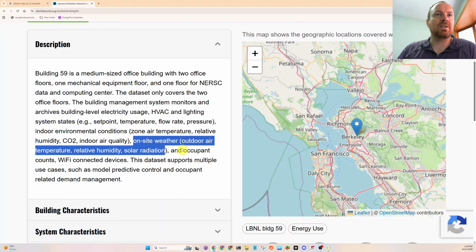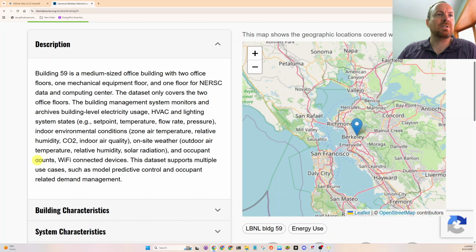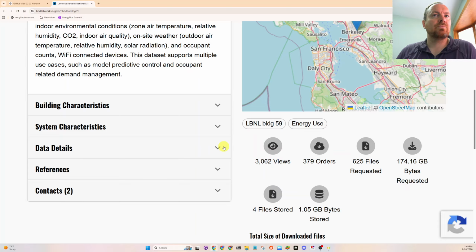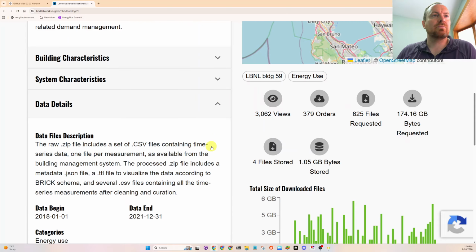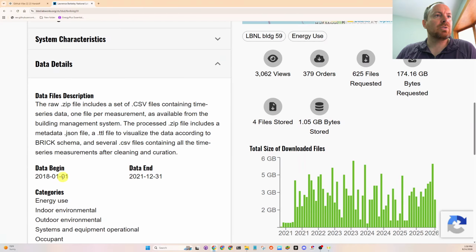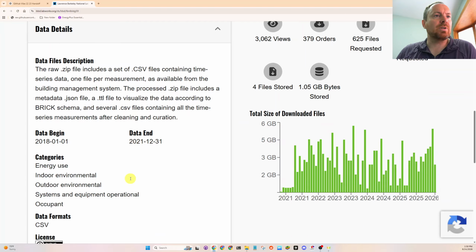Wow, so we get on-site weather and occupant counts and Wi-Fi connected devices. This data supports multiple use cases such as model predictive control and occupant related demand management. Huh. Oh, it even has that in there. (2018 to 2021).